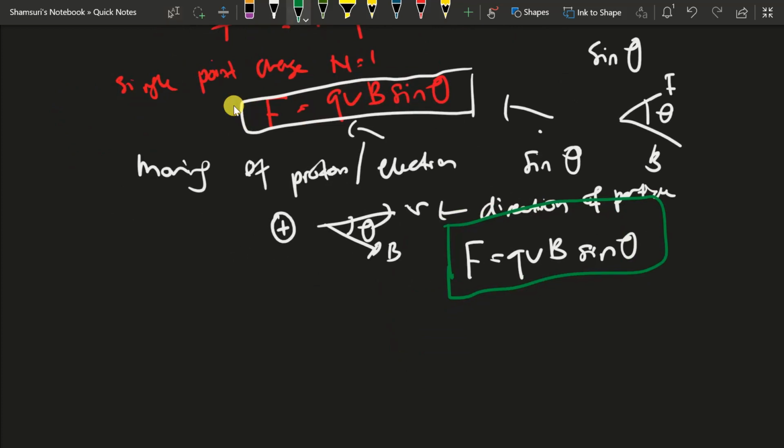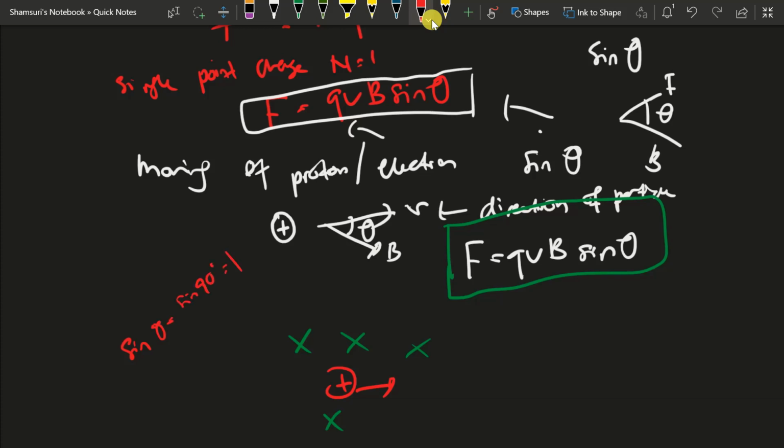If you have the magnetic field here, in this position, and then you have your particle itself moving in this direction, which is perpendicular to the field, so sine theta is sine 90 degree, which is one.